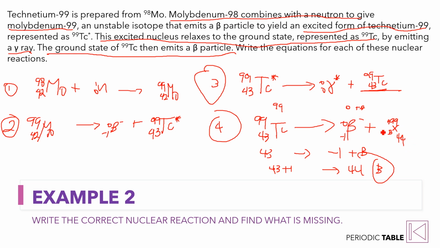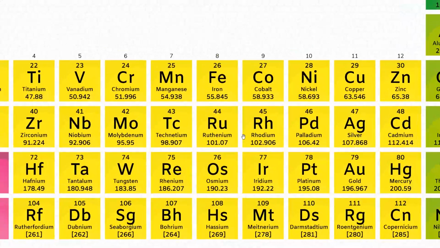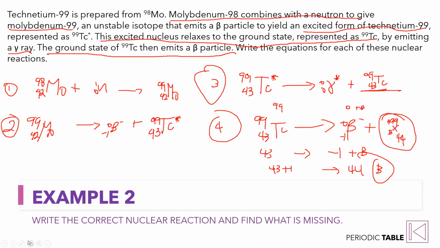So, ang tanong, anong element ito? So, let's check the periodic table. Ano ba yung element na may 44? Yun, ruthenium. Itong ruthenium. So this one, the X here, yung unknown natin is the final product is a ruthenium with a ruthenium 99.